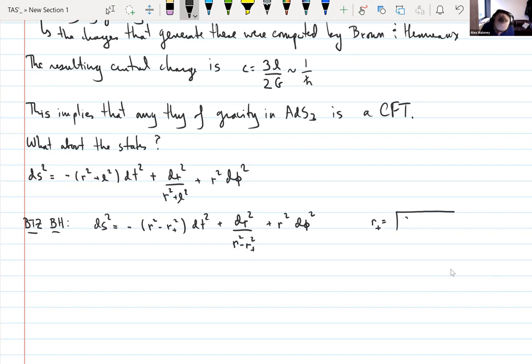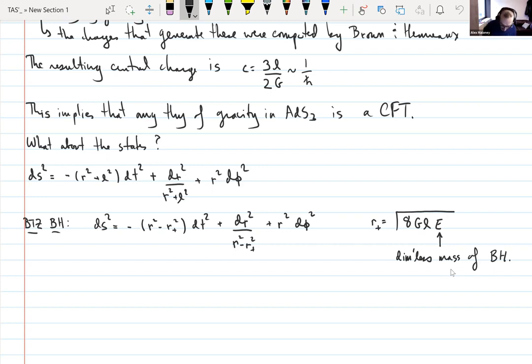And you can compute it in terms of the mass of the black hole. In particular, if I denote by E the mass of the black hole, then the radius is proportional to the square root of the mass of the black hole. So in particular, when I say dimensionless mass of the black hole, remember that mass has units of 1 over length. So I'm going to rescale by a factor of the AdS radius to get something dimensionless.